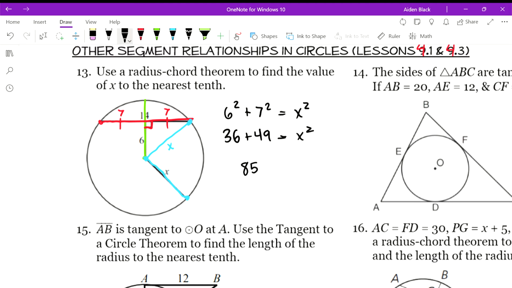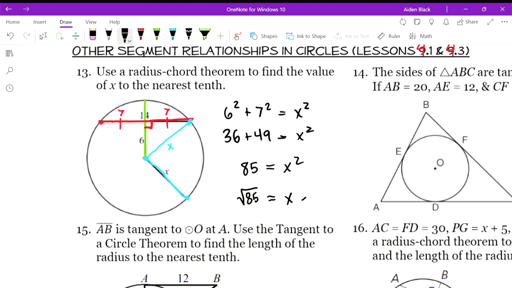Okay, yep, 85. So we take the square root of both sides, x should equal the square root of 85. And honestly, this should suffice. You can go ahead and type that into your calculator if you want, or you can simplify it if you're able to, but this should suffice.